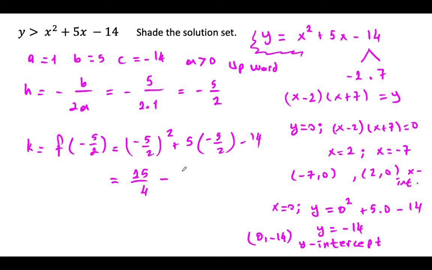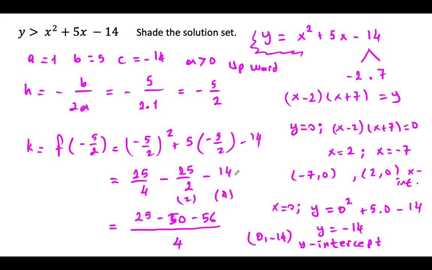And 5 times negative 5 over 2 is negative 25 over 2, minus 14. If I equalize the denominators, the denominator is 4. So 25 minus 25 times 2, which is 50, minus 4 times 14, which is 56, right?